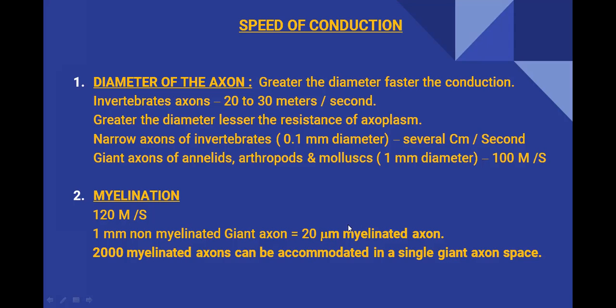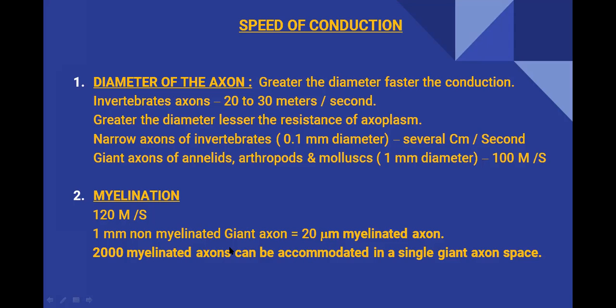And the interesting thing is that in the space of a single non-myelinated giant axon, 2000 myelinated axons can be accommodated.